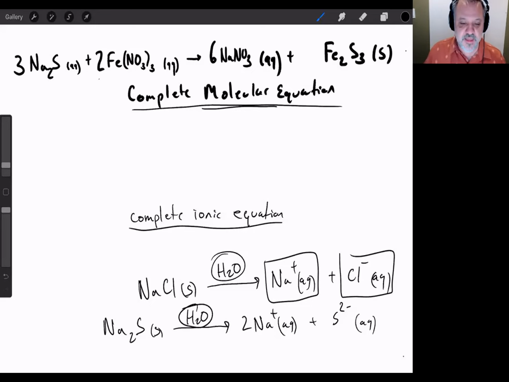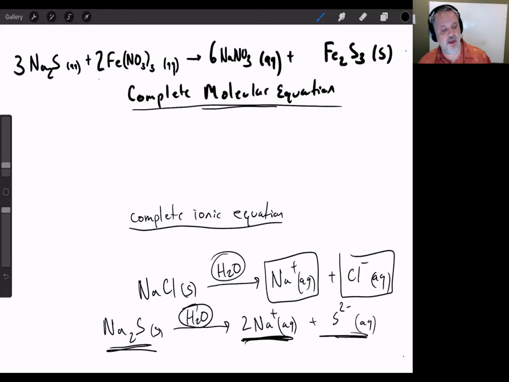So this is what it means. An ionic compound breaks up into its individual ions when it becomes dissolved in water. So with sodium chloride, I would have 1 sodium ion and 1 chloride ion, but with sodium sulfide, I have 2 sodium ions and 1 sulfide ion.